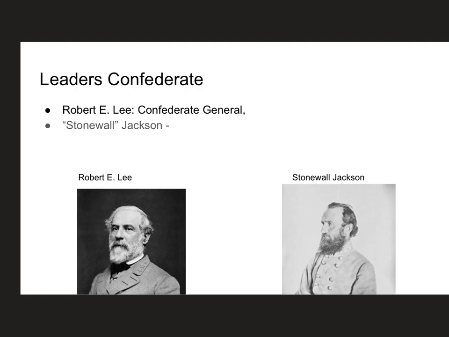So some of the leaders in the Confederate Army, we have Robert E. Lee. He was a Confederate general. He wanted the Southerners to surrender, where he wanted the South to reconcile. And he fought for the South because he didn't want to fight against Virginia.